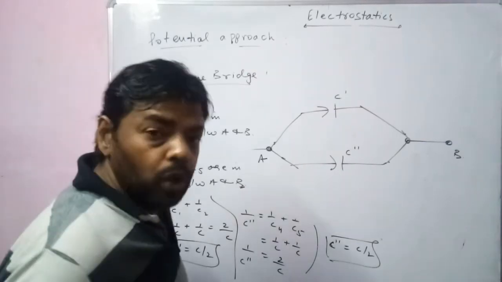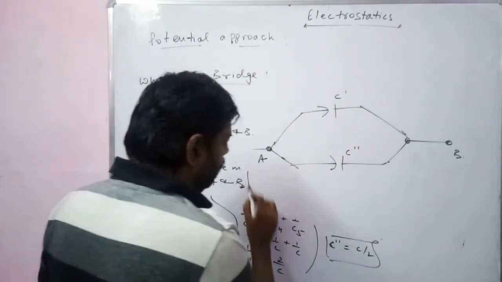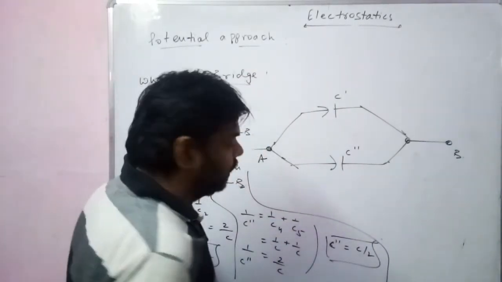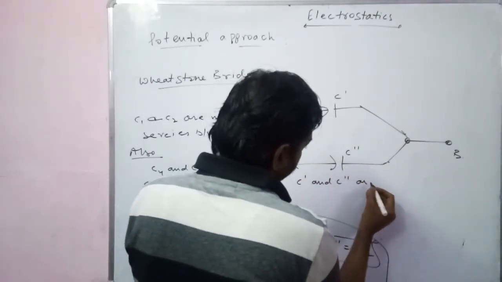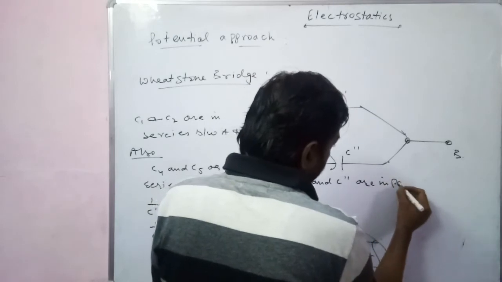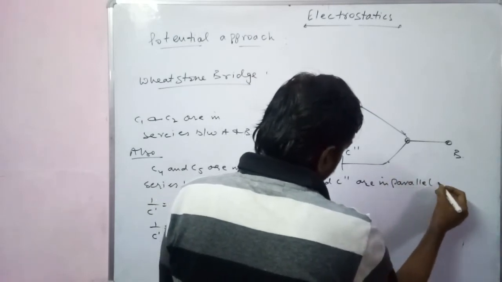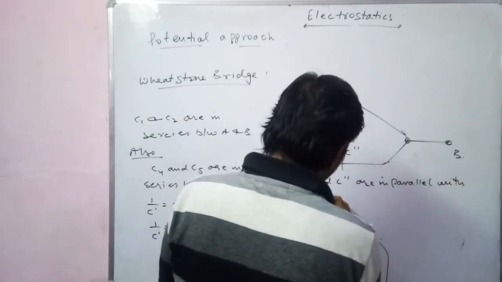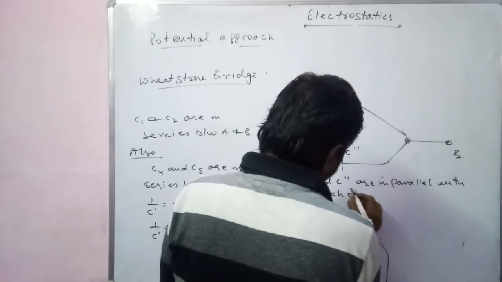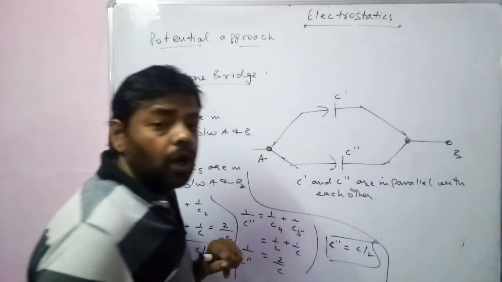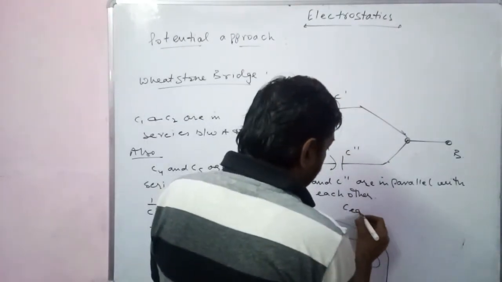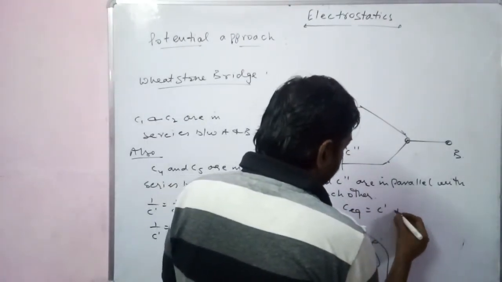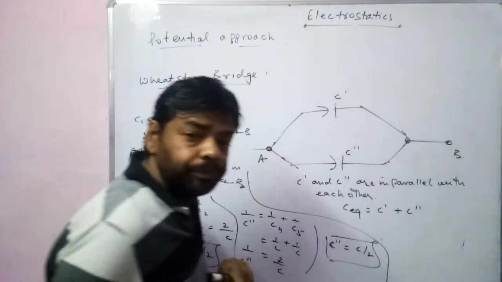Okay? Now, after rebuilding the circuit, C dash and C double dash are in parallel with each other. Got it? बात समझ आ गई? So let us suppose C equivalent is written as C dash plus C double dash.